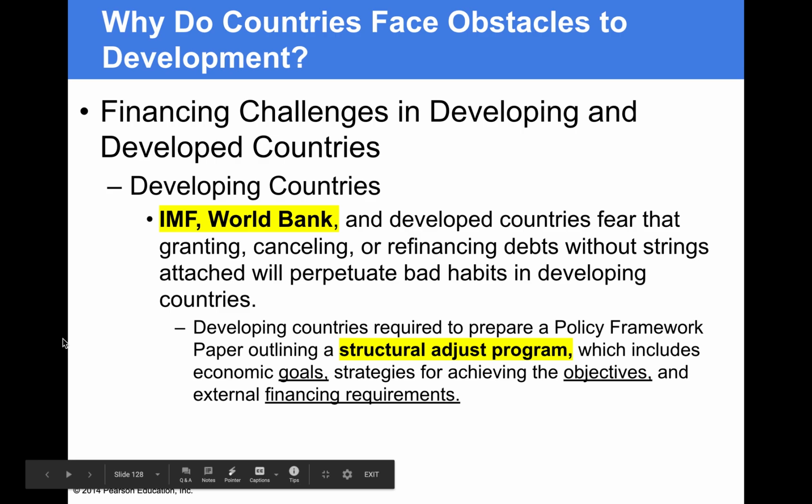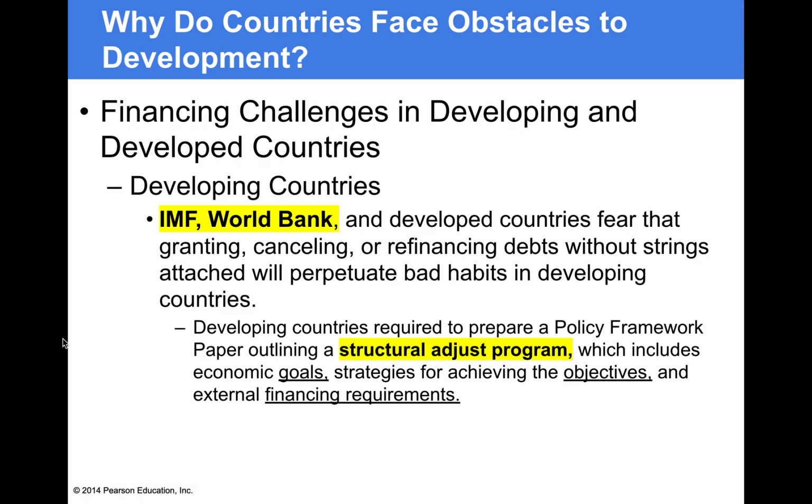Okay, again, the IMF and the World Bank fear that granting and canceling or refinancing debts without strings attached will perpetuate bad habits. So with countries and their inability to repay World Bank loans, IDA loans, or IMF loans, they've established structural adjustment programs.